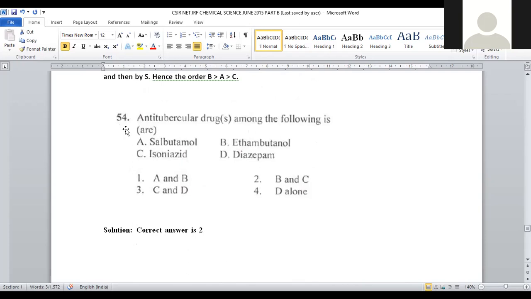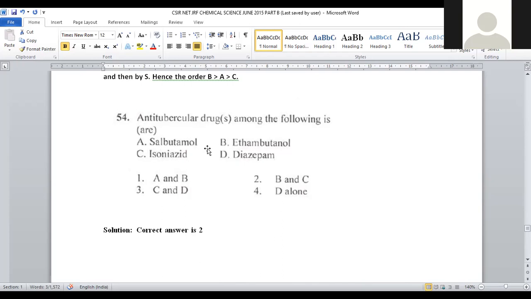And the next question: the anti-tubercular drug among the following is... okay, anti-tubercular is nothing but the drug used to treat the tuberculosis disease. Tuberculosis is a disease caused by bacteria and mainly infects the lungs. It is a lung infection disease. What kind of drug is used for the treatment of tuberculosis?